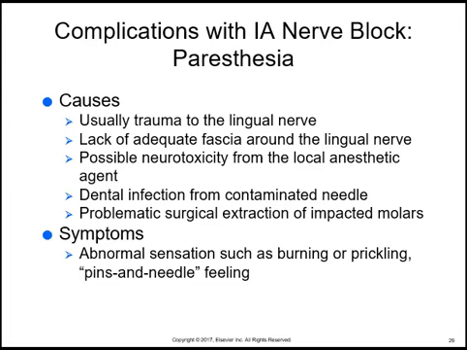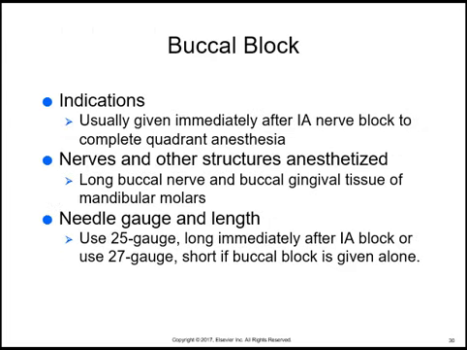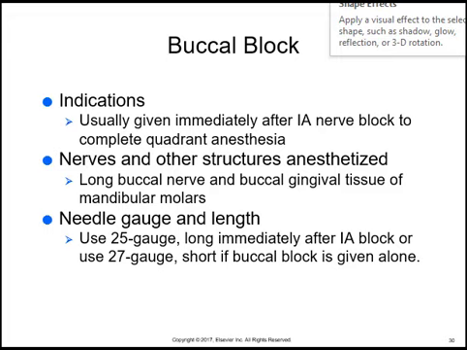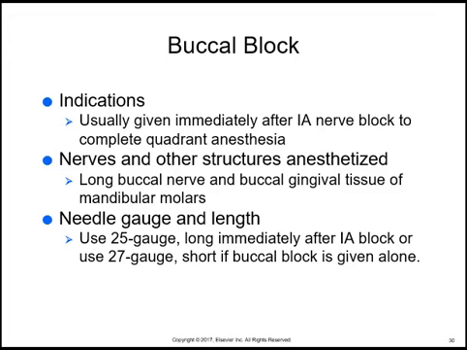All right, the next block that we're going to discuss is the buccal block. This buccal block does not anesthetize any teeth. Instead, it anesthetizes the gingival tissue of mandibular molars. The indication: this buccal block is usually given immediately after the IA nerve block to complete the quadrant anesthesia.